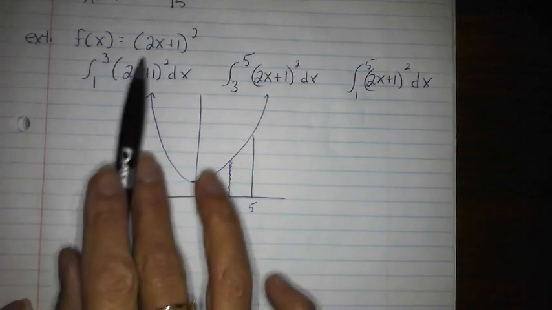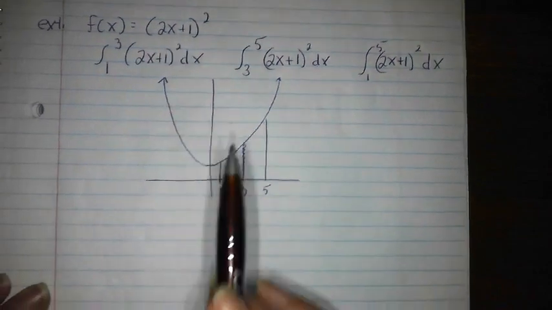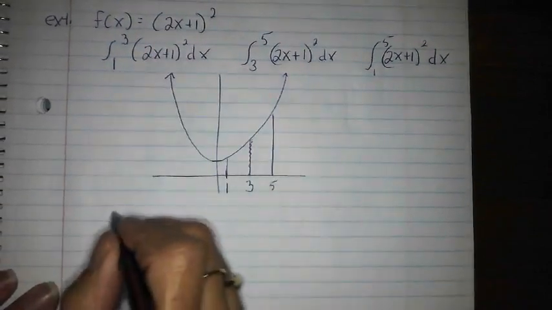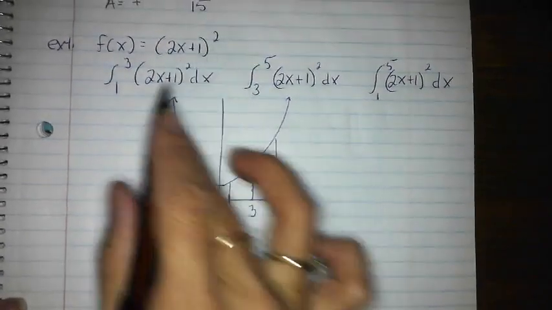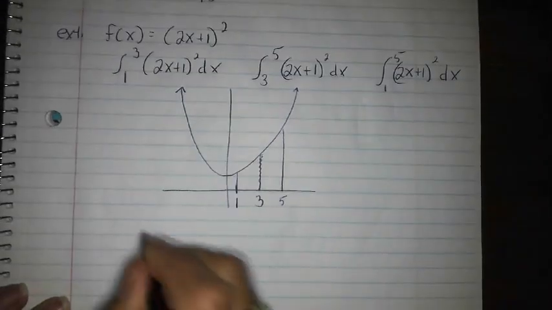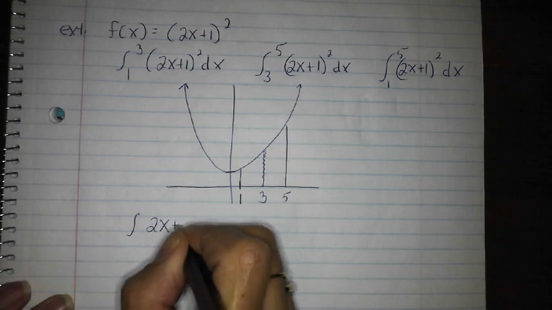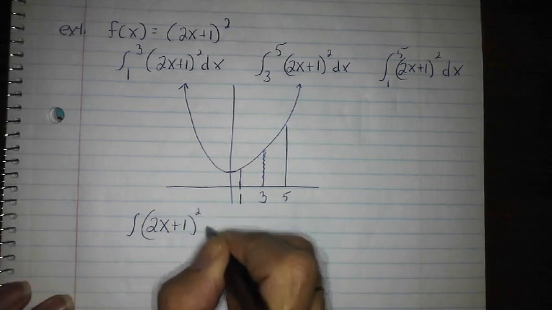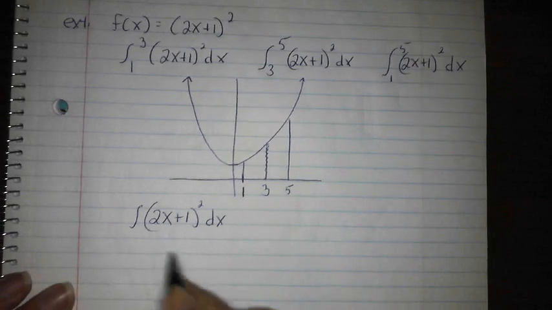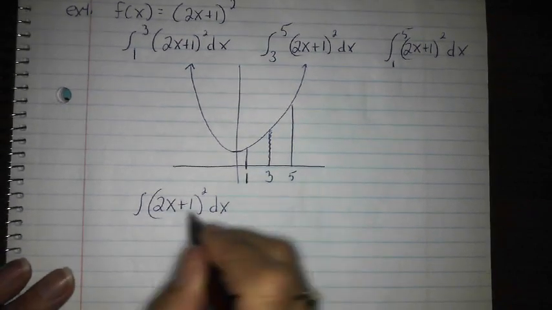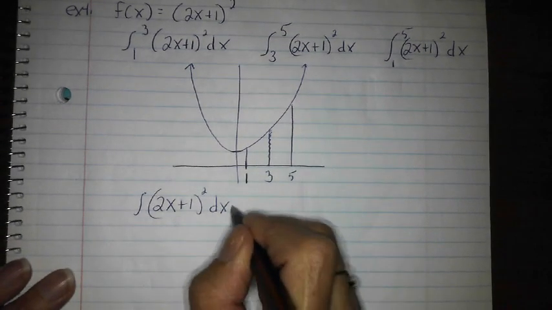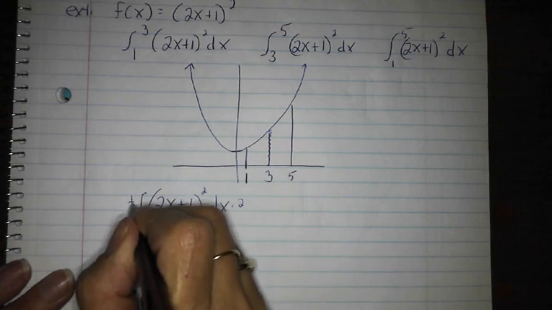Let's go through it. So we'll just do our antiderivative. I'll write it out here: 2x plus 1 squared. The derivative of the inside is a 2, so I need a 2 and a 1/2.